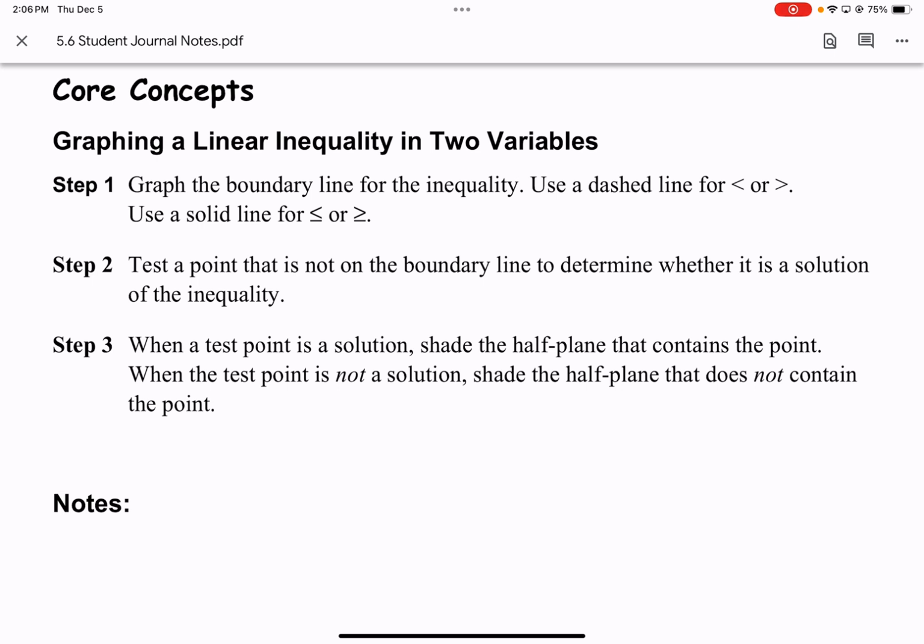Now, we are going to be graphing a line and then shading one side or the other instead of a dot and shading one side or the other. So there's no open circle, closed circle, but instead it's either a solid line or a dashed or dotted line.